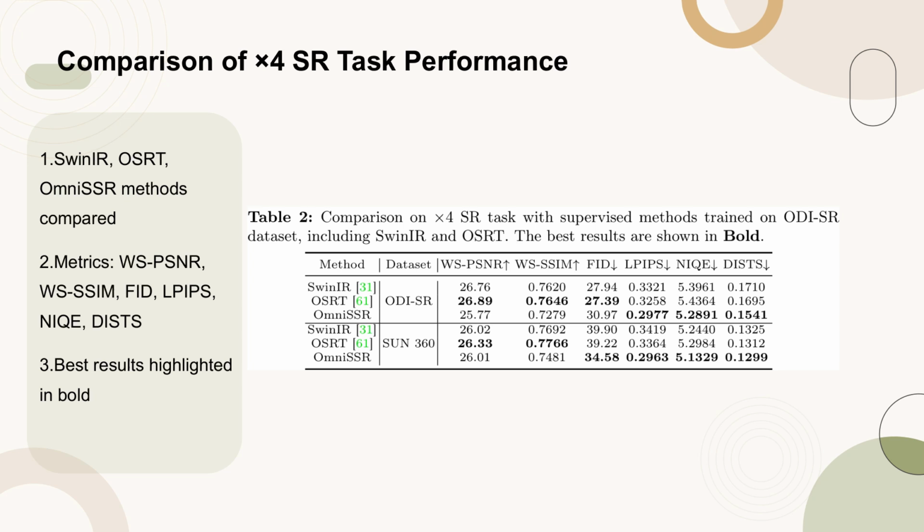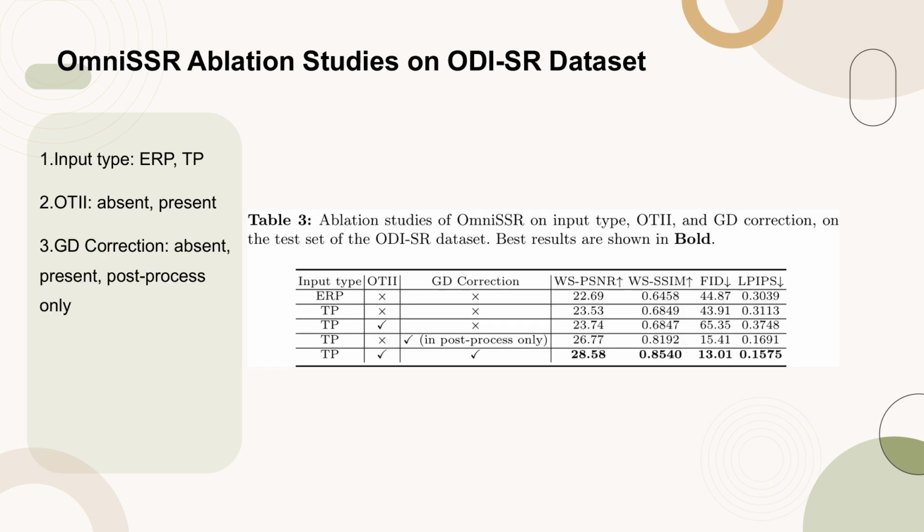The best results across these metrics are highlighted in bold, allowing for a clear visual comparison of the effectiveness of each method. This comparison is crucial for understanding the strengths and weaknesses of each approach in the context of times for SR tasks.